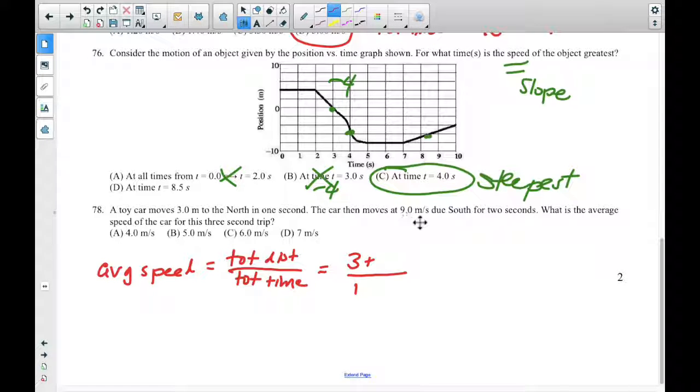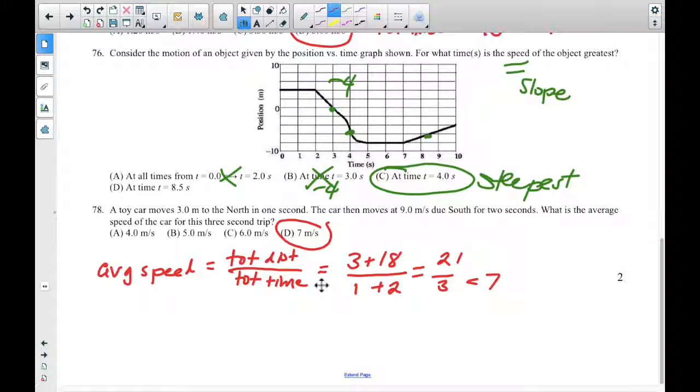If it's going at 9 meters per second for 2 seconds, that seems like 18 meters to me. And that time was 2 seconds. What is the average speed of the car? So we have 21 divided by 3. That should be 7 meters per second. So number 78 is D.